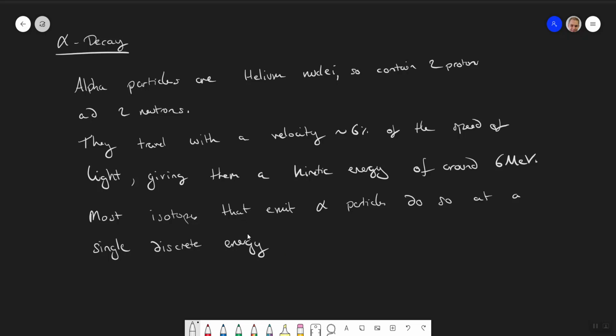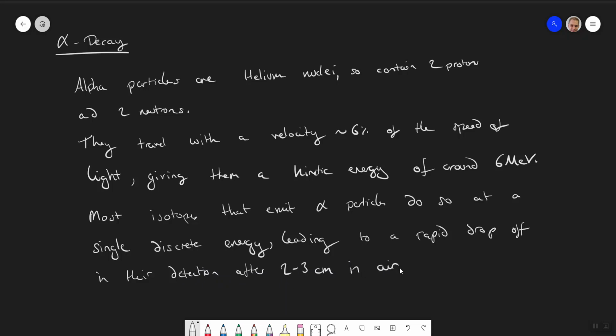So they basically all get the same distance in air, and it's why there's a very rapid drop off at about 2 to 3 centimeters, leading to a rapid drop off in their detection after 2 to 3 centimeters in air.